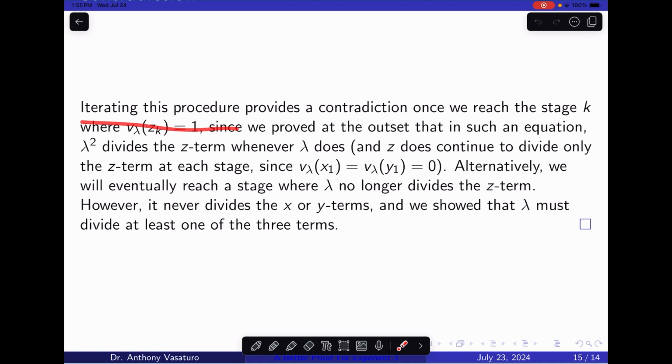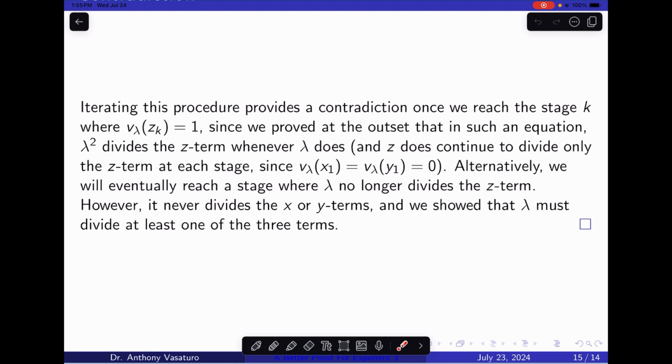If you iterate this procedure over and over again, you get a contradiction, because once we reach the stage, let's call it k, where the lambda-adic valuation of the z component, z sub k, is just 1, you have a contradiction, because we proved at the outset that if lambda divides the z component once, then it divides it at least twice. Lambda squared divides the z term whenever lambda does. That's a contradiction because v lambda zk is 1, so it'd have to be at least 2 for lambda squared to divide it.